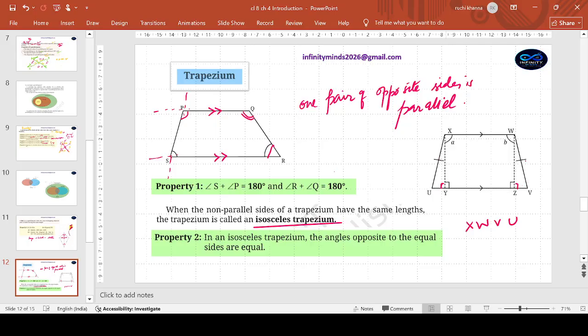This side is already given to be equal. Now parallel sides are always equidistant. We just discussed it. For example, if this is 5 centimeters, this is also going to be 5 centimeters. Sides equality we have already talked about. So two of the sides are equal. Class 7, it is like this. This side is equal because parallel sides are equidistant.